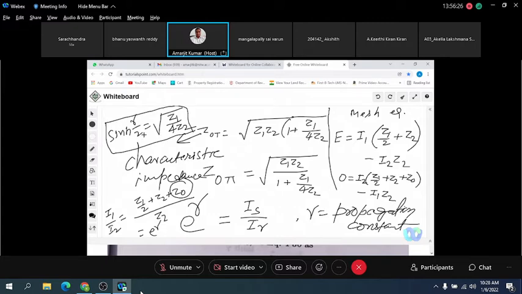We have Z1 and Z2, impedances or reactances, or impedance in general. So sinh(gamma/2) is equal to the square root of Z1/4Z2. And Z0T, the characteristic impedance of the symmetrical network, and the propagation constant, we can calculate using these two equations.